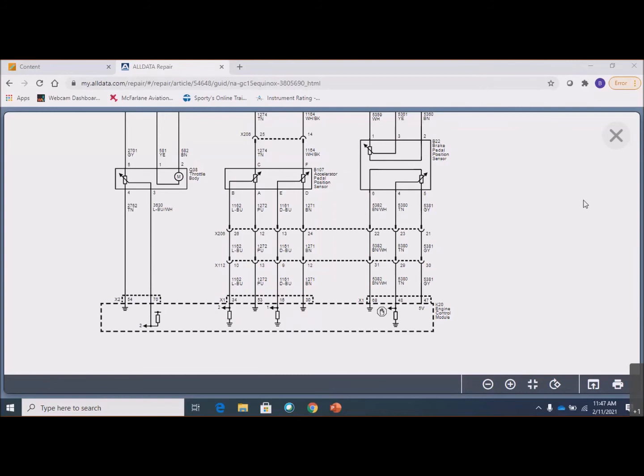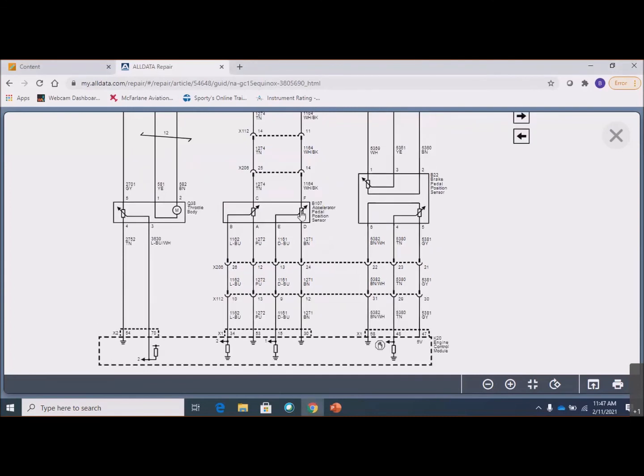And if they're wrong, well, it doesn't necessarily know which one's wrong. So what do you think its default action is going to be if it can't trust the reading it's getting from the accelerator pedal position sensor? It's not going to open the throttle.